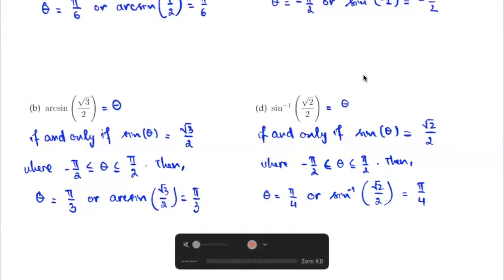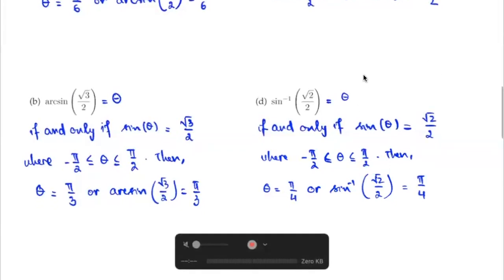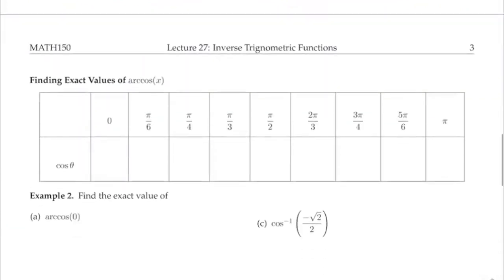Now let's move on to inverse cosine functions. What we do first is fill out the table of the special angles and the corresponding cosine function values. Here on the first row are the angles 0, pi over 6, pi over 4, pi over 3, pi over 2, 2 pi over 3, 3 pi over 4, 5 pi over 6, and pi.